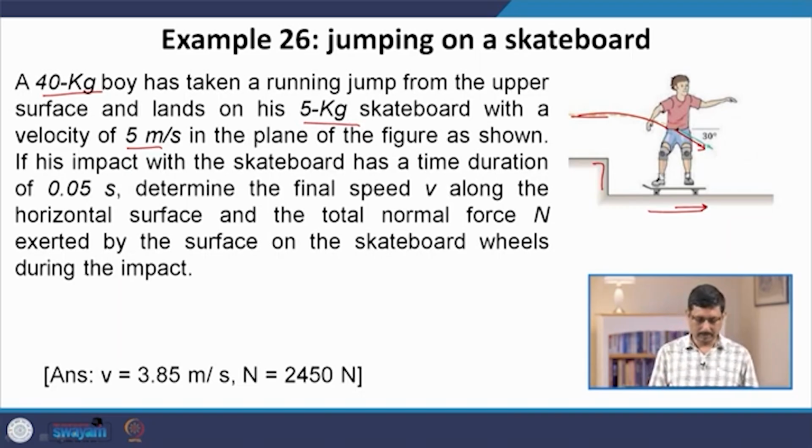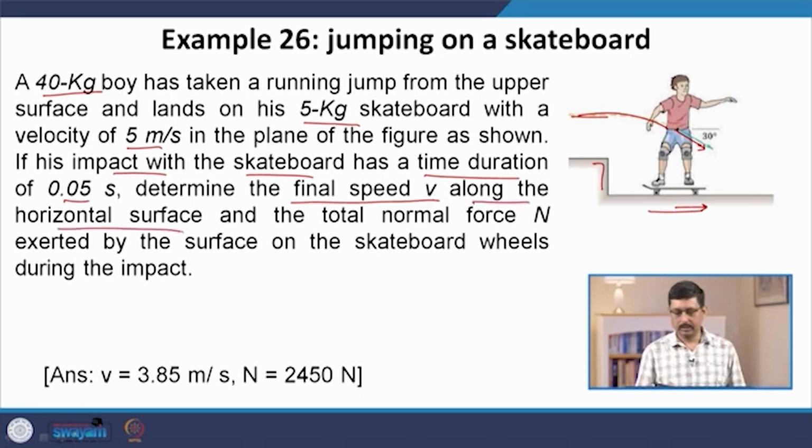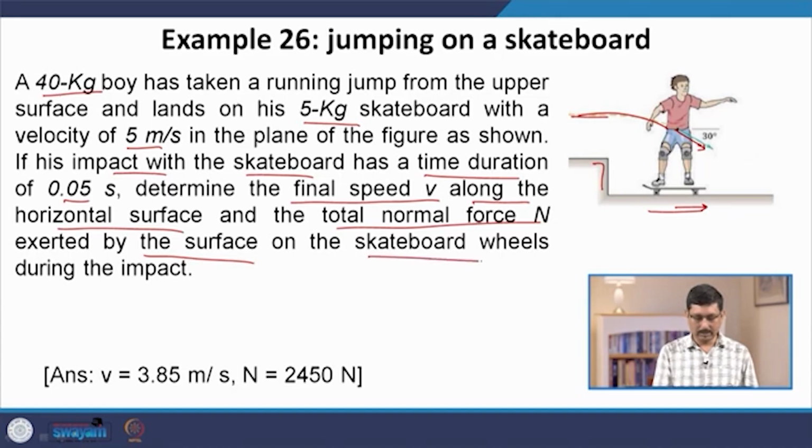The impact with the skateboard lasts 0.05 second, about 50 milliseconds. The question is to determine the final speed v of the skateboard along the horizontal surface, and the total normal force N exerted by the surface on the skateboard wheels during the impact.